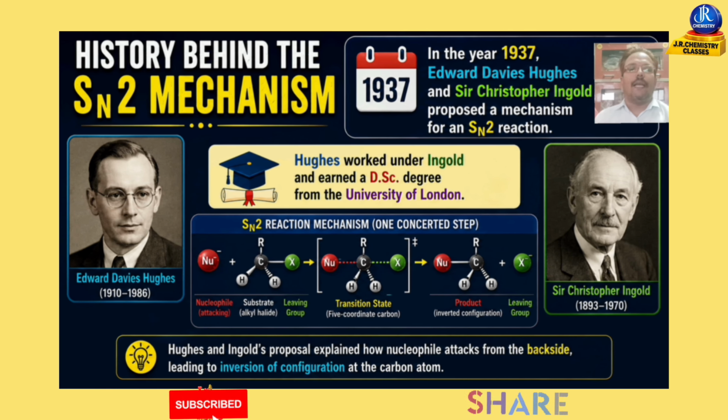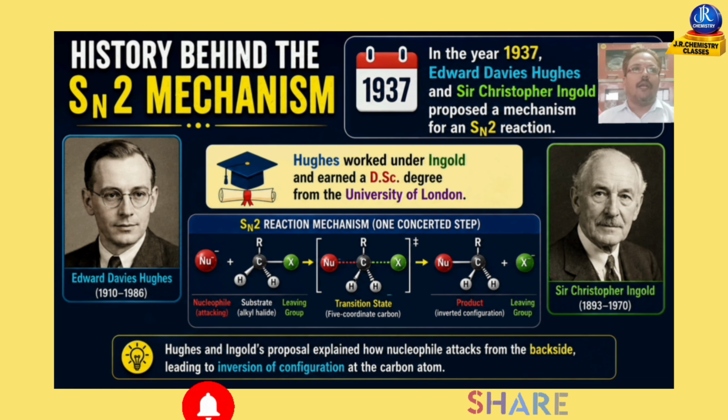In the year 1937, Edward Davies Hughes and Sir Christopher Ingold proposed a mechanism for an SN2 reaction. Hughes worked under Ingold and earned a BSc degree from the University of London.